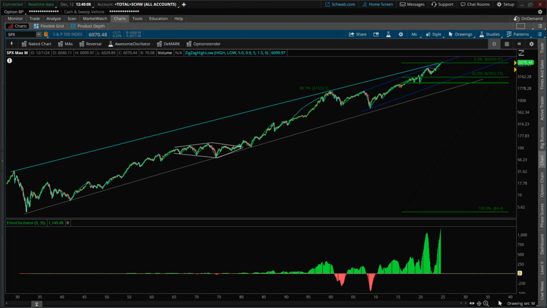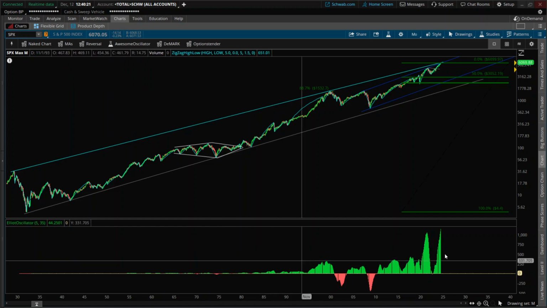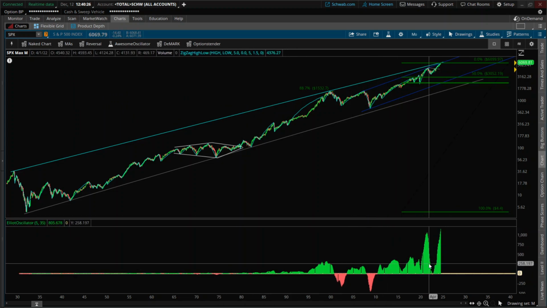So we're going to do something a little bit different today. I have a few screens that I view, and on one of my screens I look at this Elliot Oscillator. It helps me with my counts and catching some of those turns, mostly on the higher time frames, but it works on the lower as well.